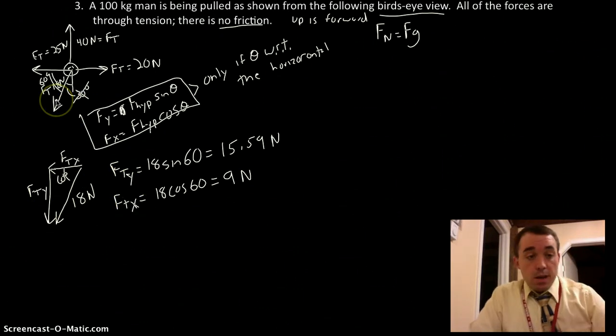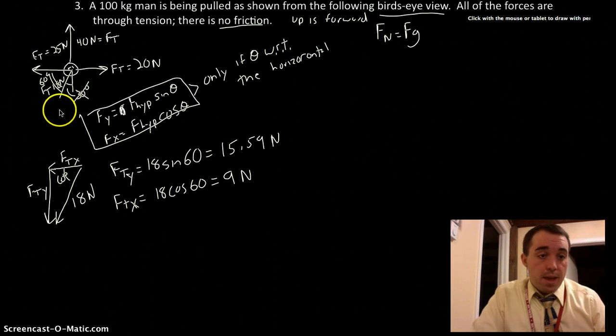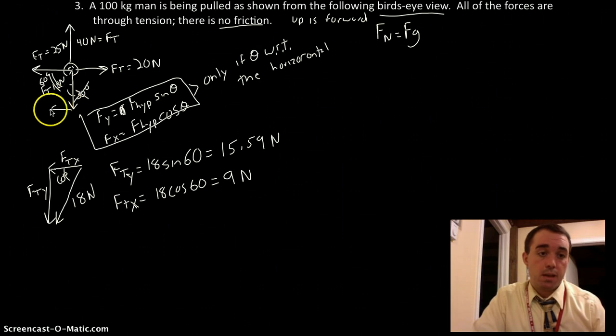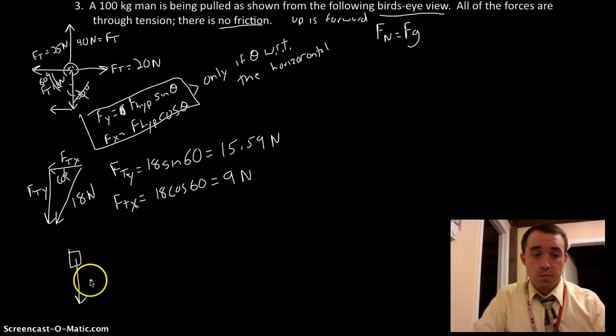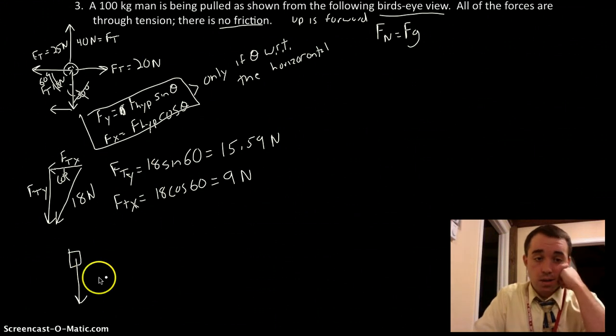Again, by doing that, you get rid of your angled arrow, and we replace it with two different arrows. We replace it with a down arrow and a secondary over arrow. Put those together on our free body diagram, and we get a down arrow, which would be our FTy of 15.59.